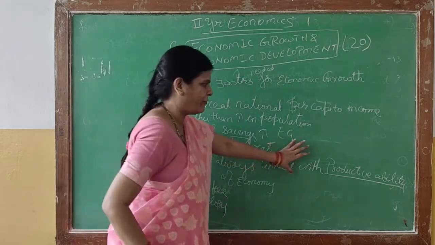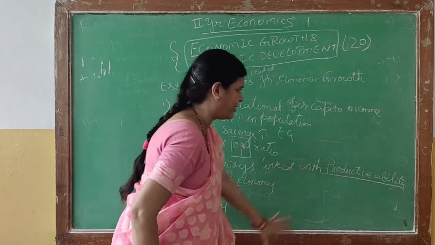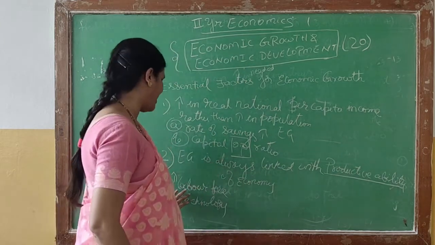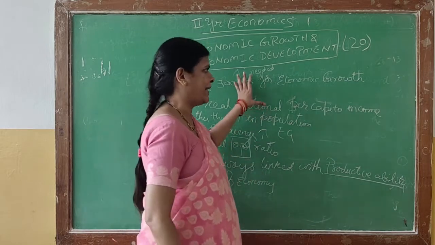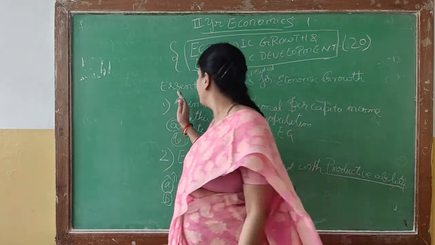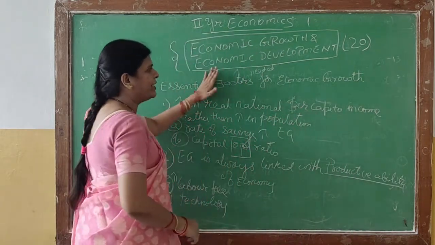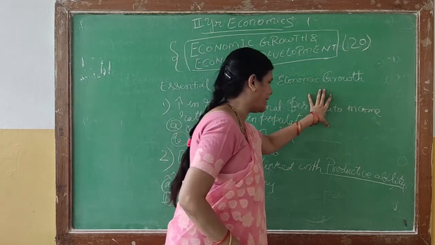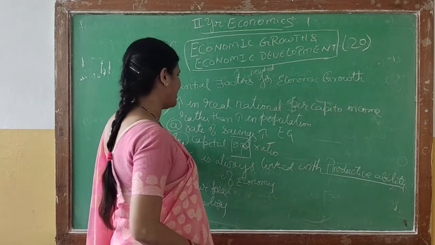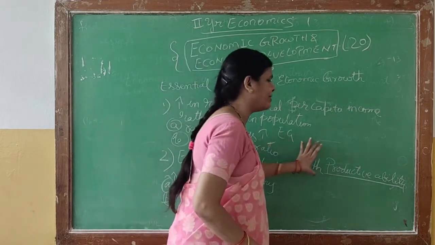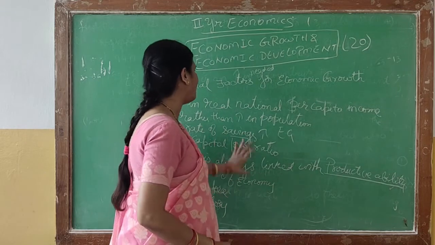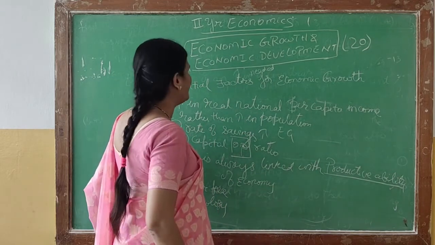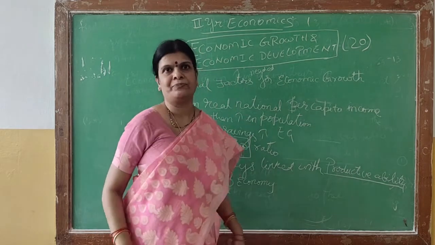So for achieving this productive ability, we need an efficient labor force as well as usage of technology. Now these are the two essential factors needed for economic growth. First, increase in national per capita income, and second, it is linked with the productive ability of the economy.